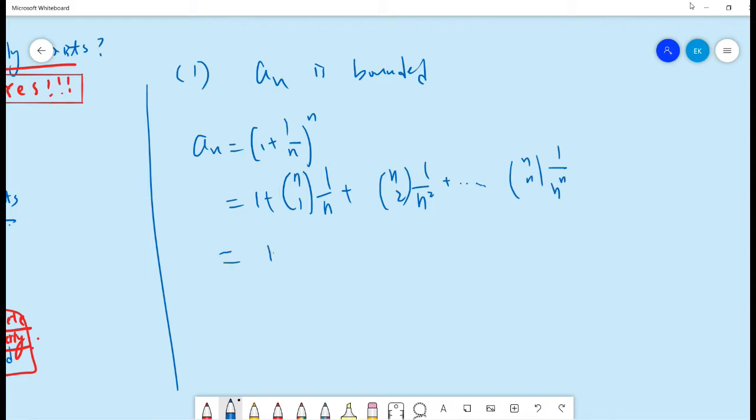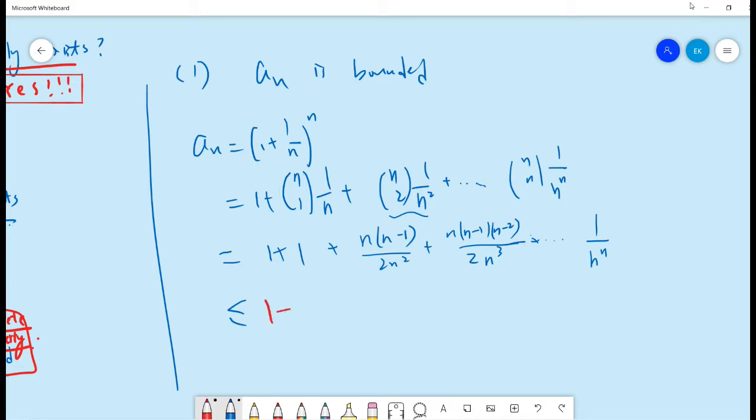The first term is 1, the second term is 1, the third is (n-1)/n squared, and then (n-1)(n-2)/n cubed, keep going, and the final is this one. So I want to show that this is bounded.